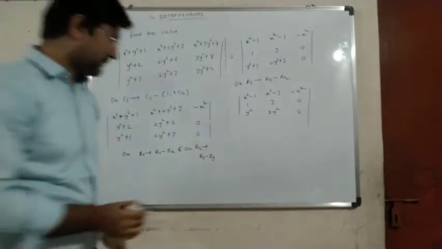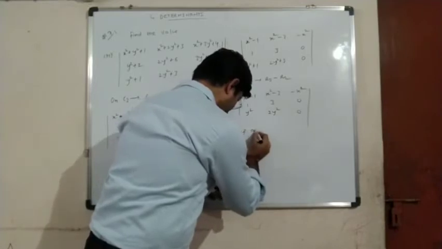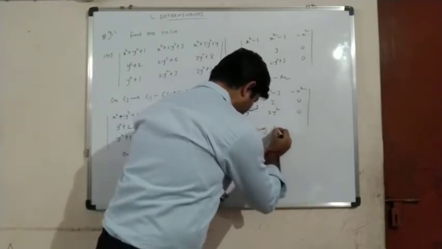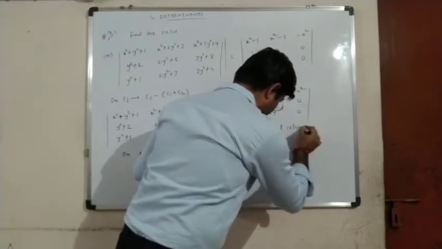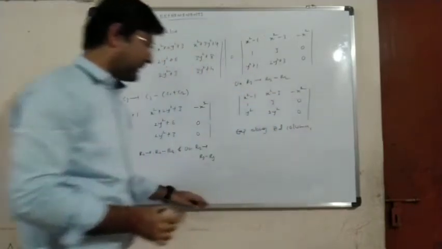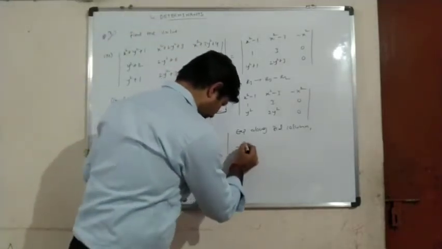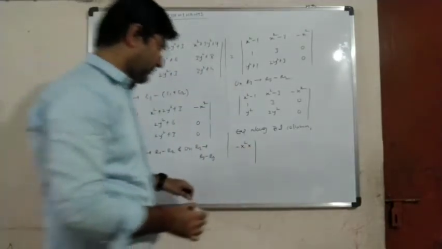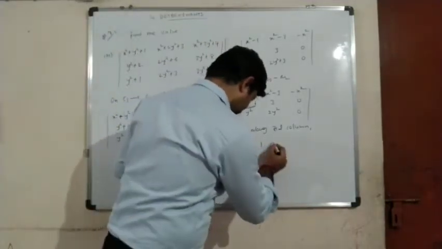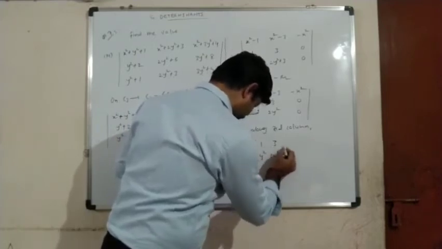Now I will expand along the third column. So we have in the third column only one element, x square, multiplied by the determinant of 1, 3, y square and 2y square.